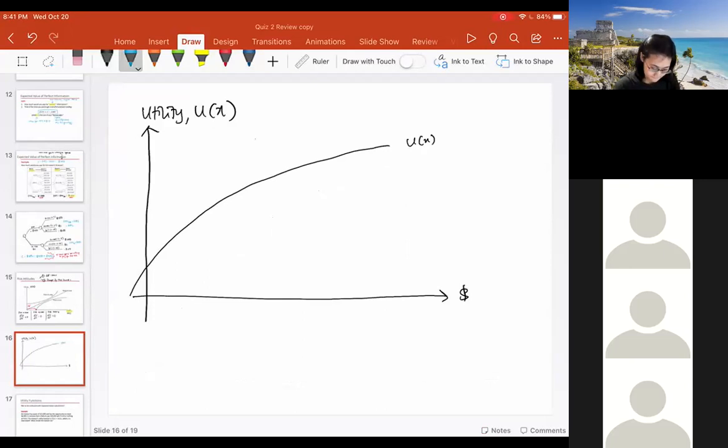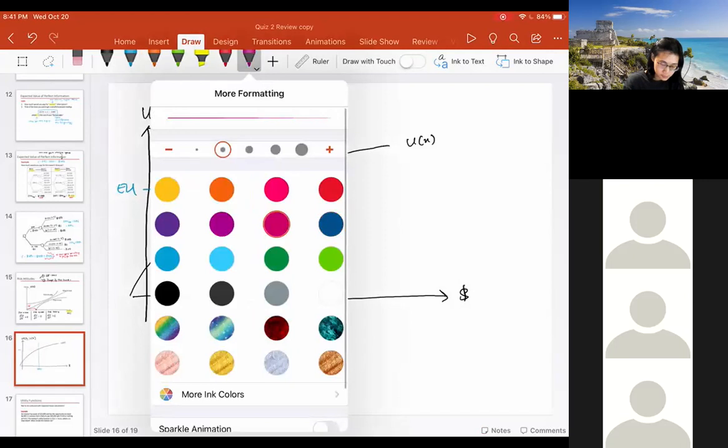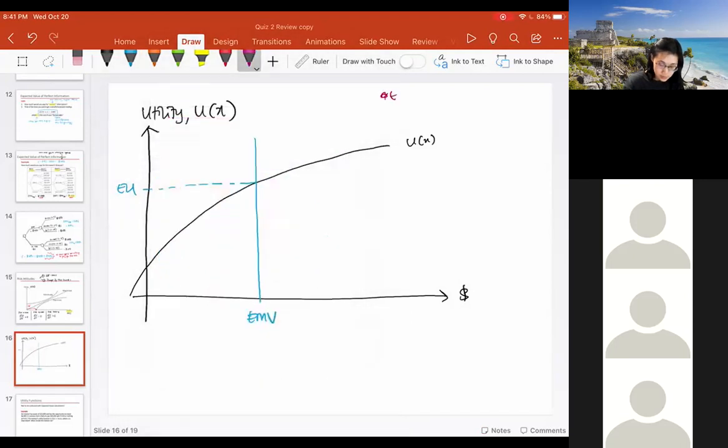Usually you have your EMV, expected monetary value. And for this given EMV, you have your expected utility, EU. So something that I want to highlight first and foremost is EU should not be confused with EMV.